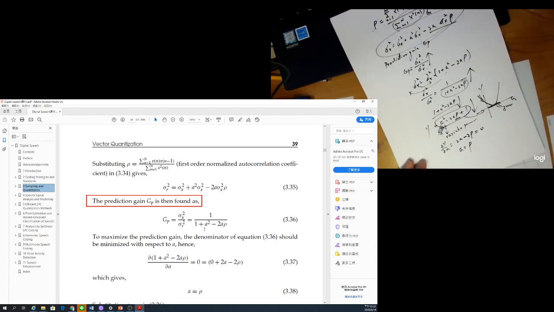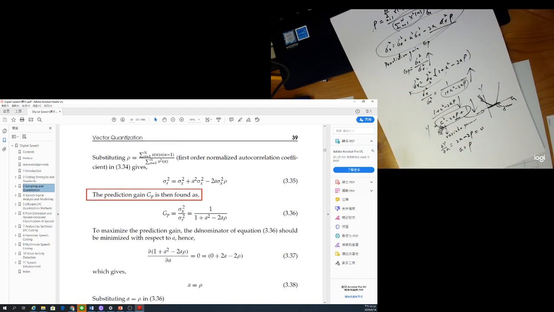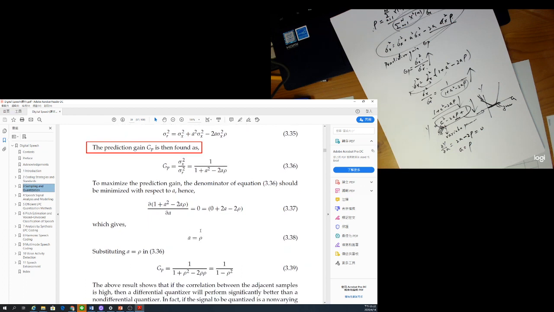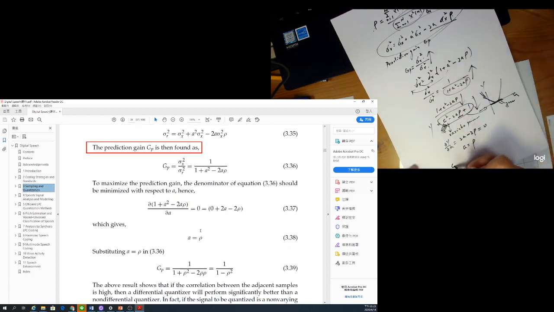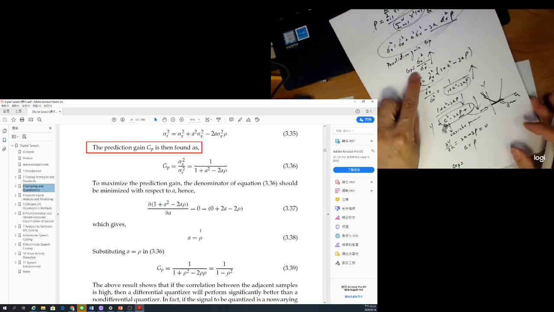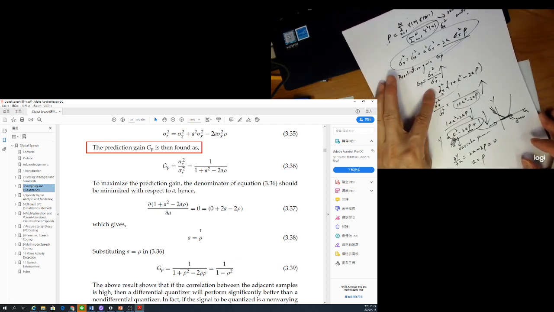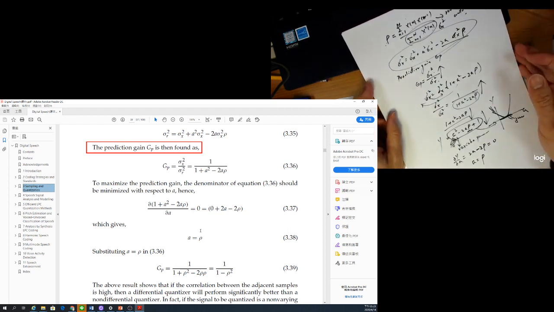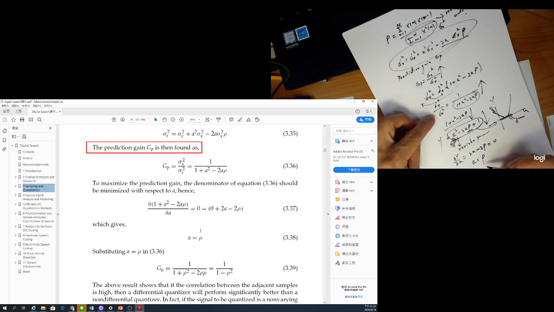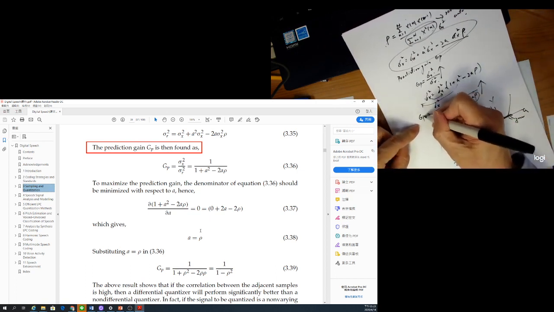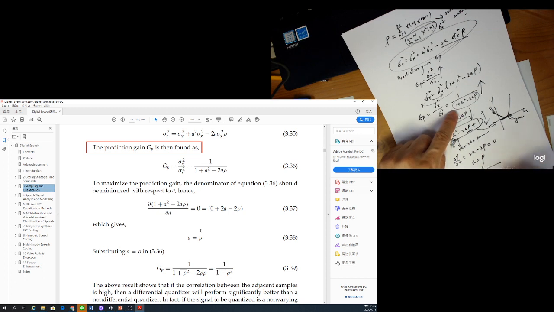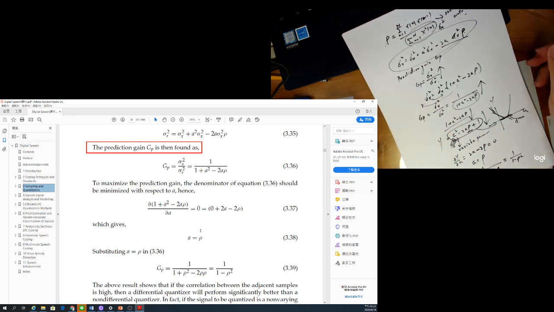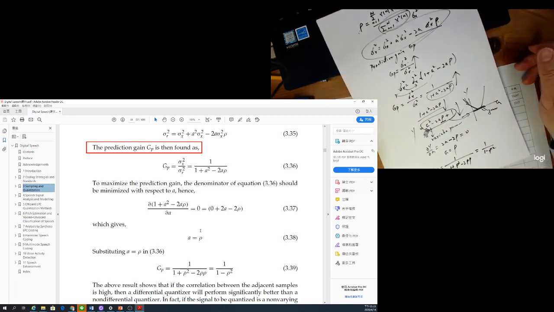So it looks like what they want to say is, if you are trying to use one previous data to do the prediction, the maximum gain, your GP gain, here becomes R squared to R. So this tells you the best prediction gain if you use just one prediction.